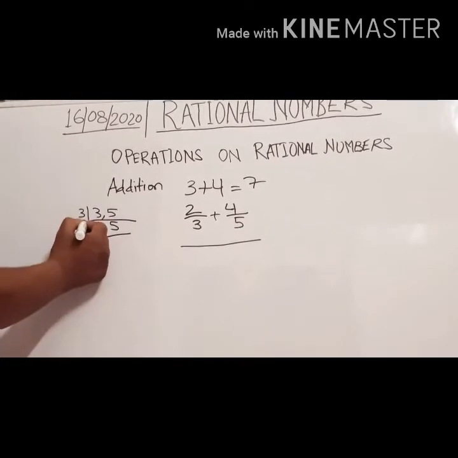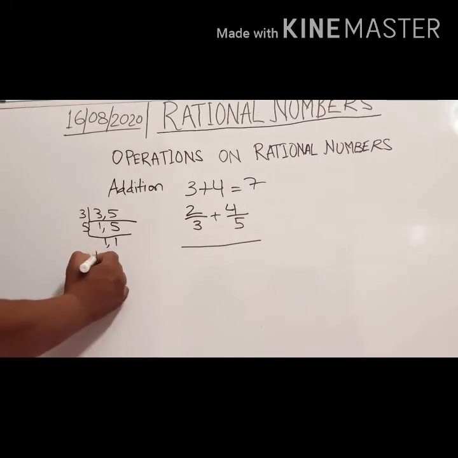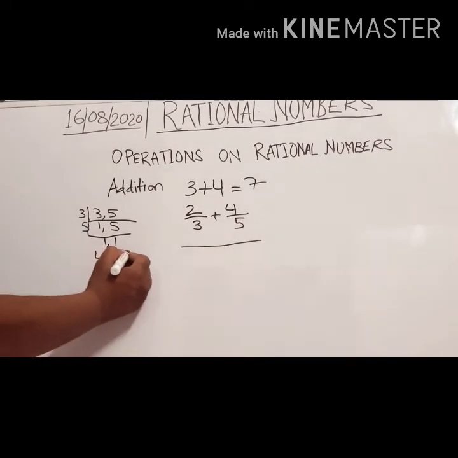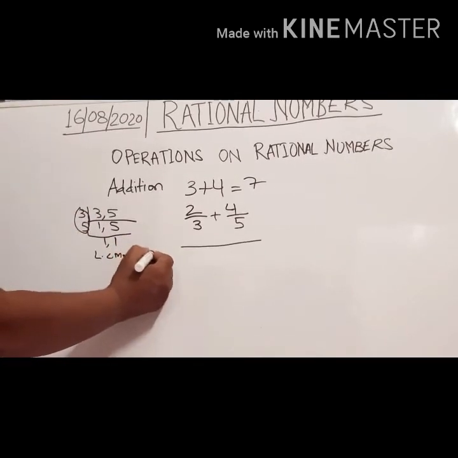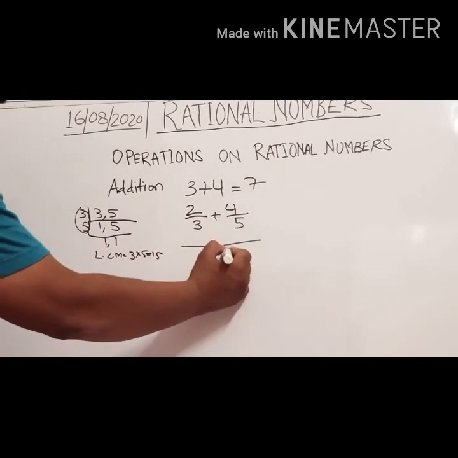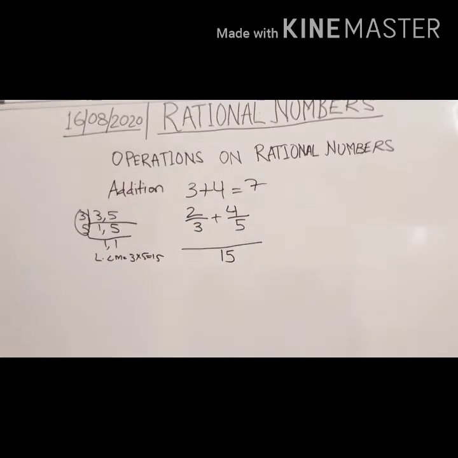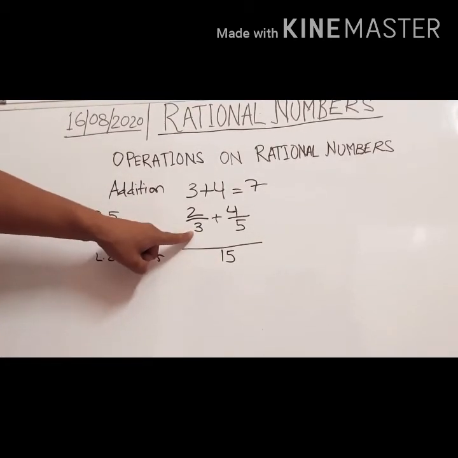Next 5 1s are 5, so the LCM is 3 into 5, the multiplication of these two numbers, that is 15. The LCM we will put here. Now what we will do is divide the LCM by the denominator of the first rational number.